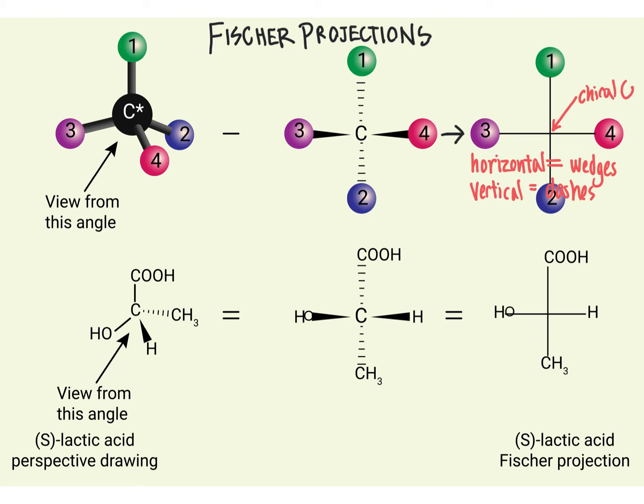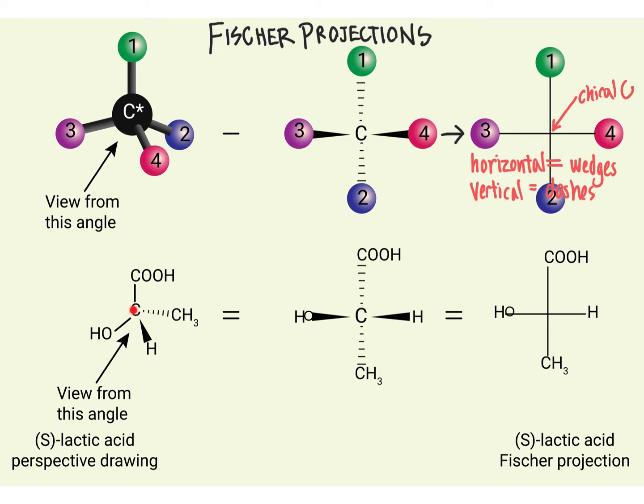So applying that toward lactic acid, specifically this is S-lactic acid here, as we learned in the prior video to assign chirality as R versus S. We view from the perspective of the chiral carbon here, and what we do in orienting this is we place the molecule with the COOH oriented upward on a dash.